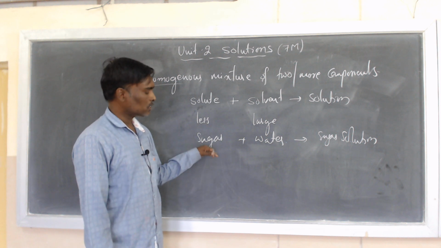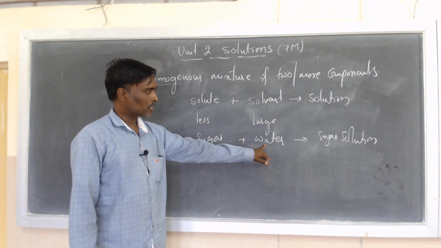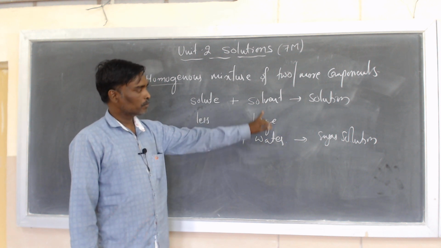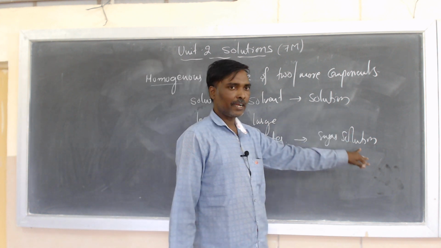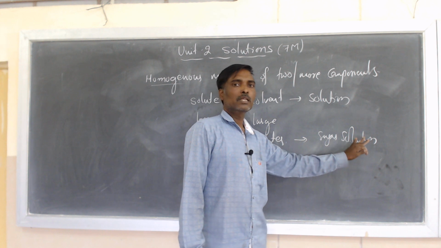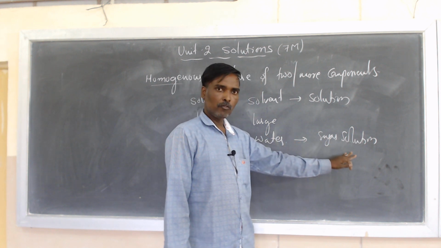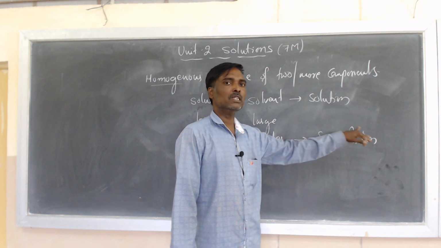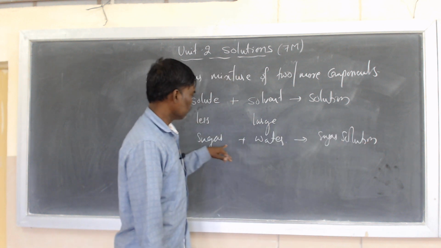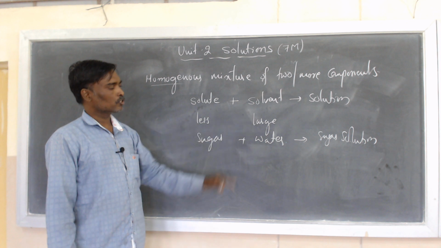So it loses its identity. And the water is a solvent because it is present in larger quantity and it retains its identity in the solution. That means we observe the water in sugar solution, but we cannot observe the sugar. So like that we define solute and solvent.